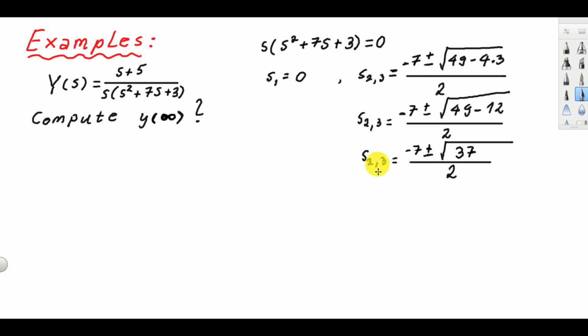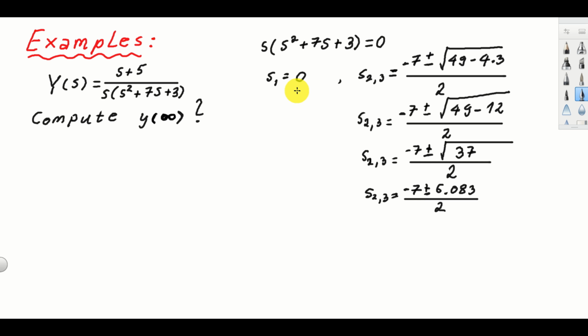By substituting the values in the calculator, we can see that s2,3 are -7 plus minus 6.083, divided by 2. Both s2 and s3 are on the real axis, and both of them are negative. This means that s2 and s3 are strictly in the left half of the complex plane, and furthermore we have a single pole at 0. This means that we can apply the final value theorem.